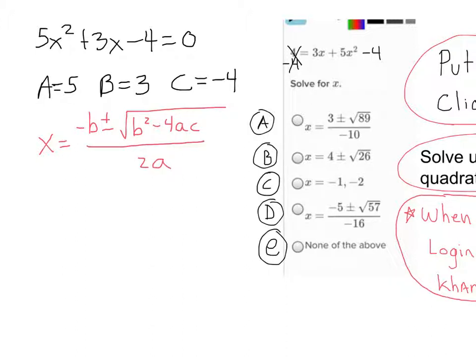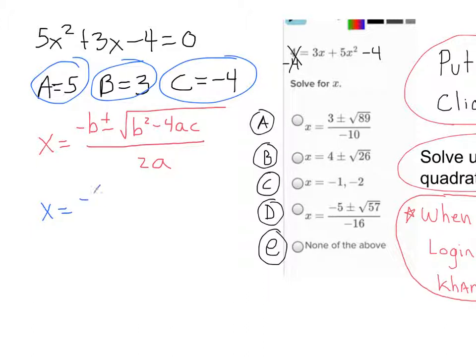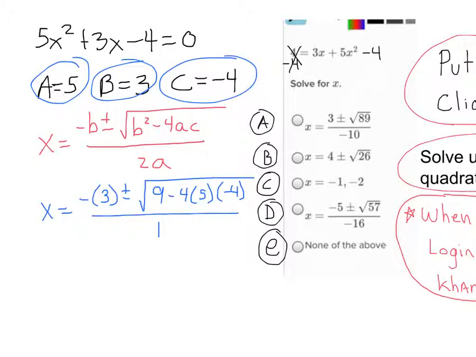And now I'm going to plug in a, b, and c into the formula. So I've got x equals negative b plus or minus the square root of, b is 3, so b squared is going to be 9, minus 4 times a times c, all divided by 2 times a, which is 10.